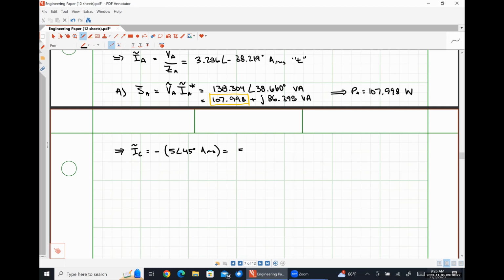So that would look like 5, and then let's subtract 180 from that. So negative 135 degrees amps RMS, which I'm going to store as, I don't think I've used D yet.